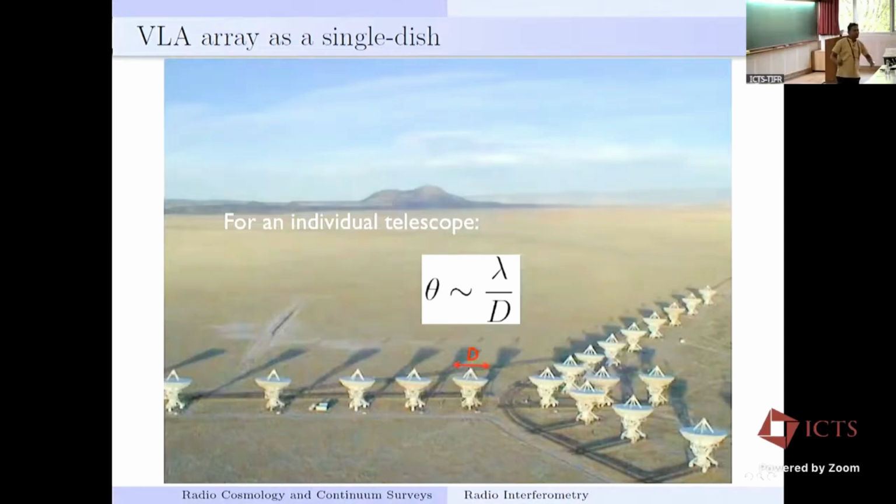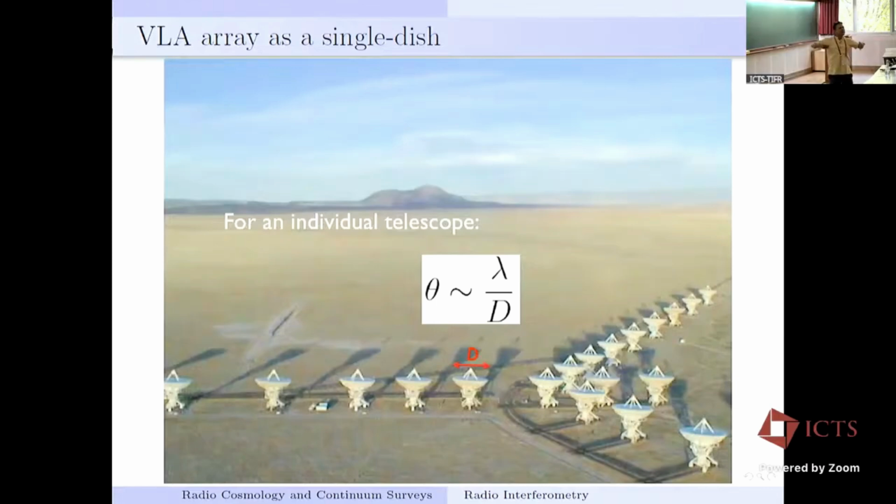That is okay. If you can combine the signal received by these telescopes in a clever way such that it can make an image, you can still produce an image which will have a resolution from here to here, this big. Now if you have a single dish telescope, the resolution theta was lambda by d, where d was the diameter of the telescope.